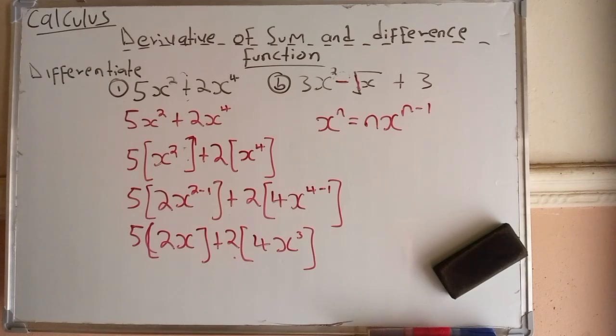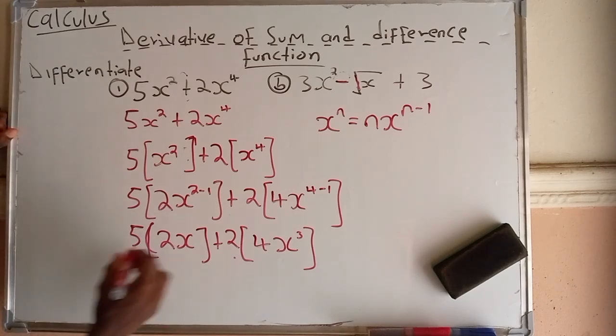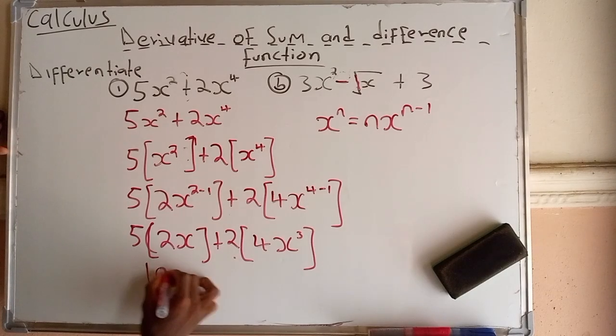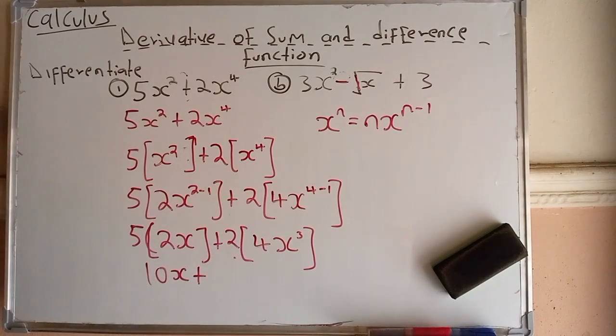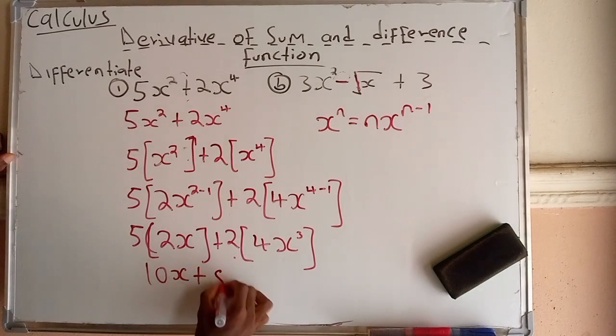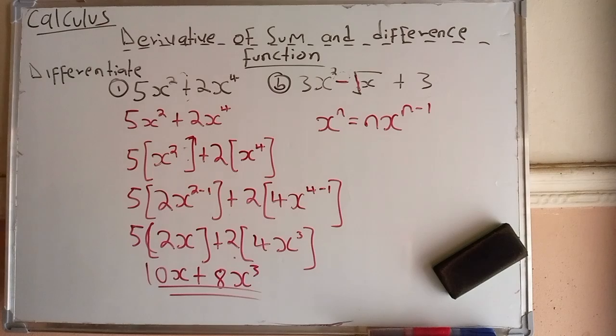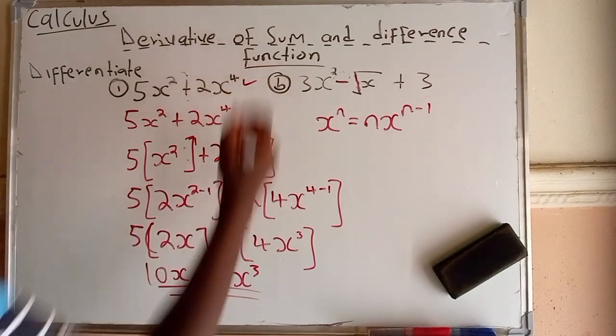This is not the end of the question. For the final solution, 5 multiplied by 2 is 10, so 10x plus 2 multiplied by 4, which is 8x cubed. This is the final answer.